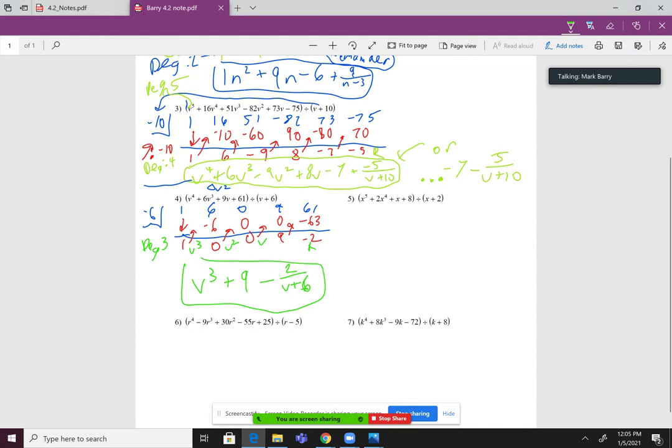Since I don't have a v squared or a regular v, I do not need to write them. Remember, 0 means nothing, right? So if you have nothing in those spots, leave them blank. But very important, the 9 doesn't move up to be 9v squared, right? Because of the spot that it was in, it's just 9. The v squared and the v are the ones that are 0.